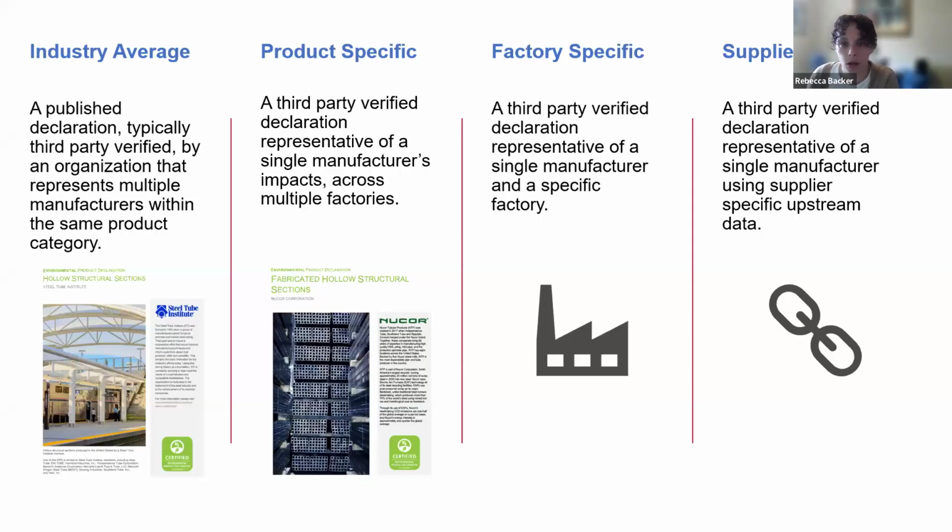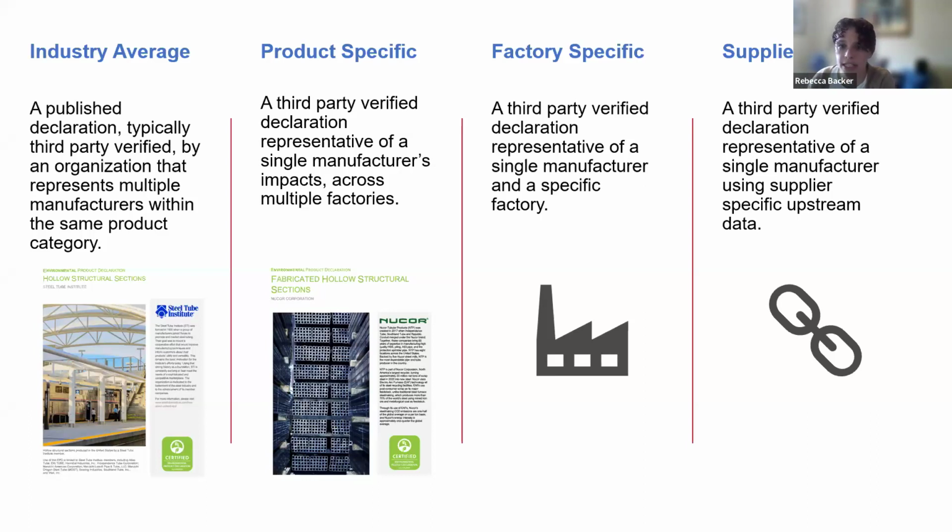When we talk about EPDs, there are essentially 4 different types that you should be aware of that are growing in different levels of popularity out in the market. But regardless of which category your EPD falls under, for the most part, all of them are quantifying environmental data in accordance with ISO 14025.